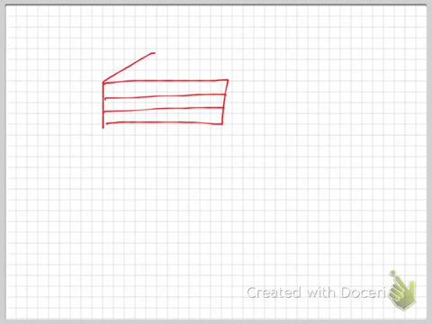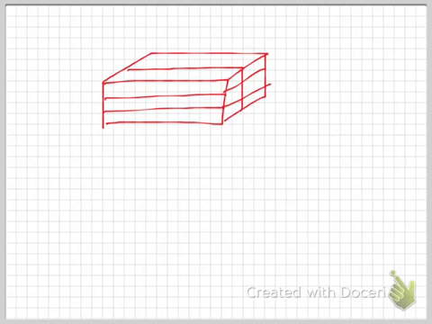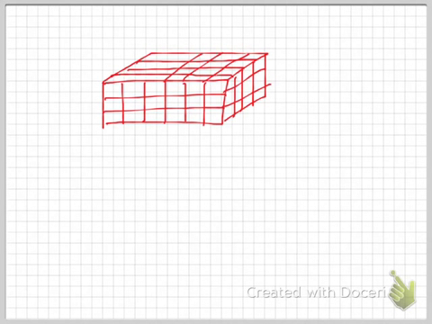What about this? They give you some questions that look like this. I would like you to tell me the volume of that object, please.